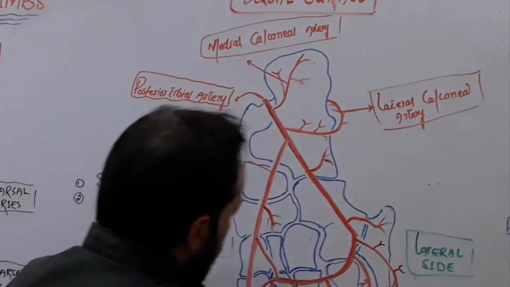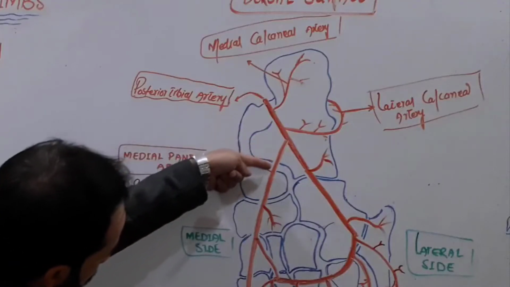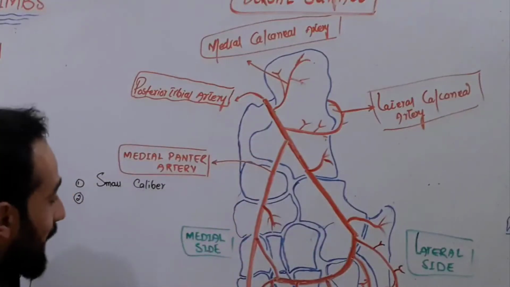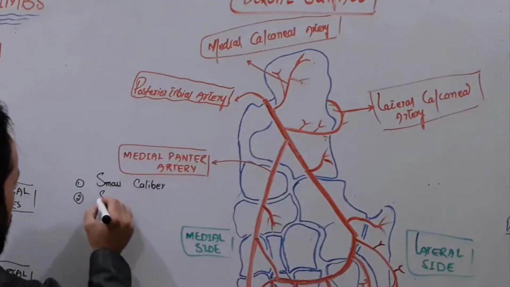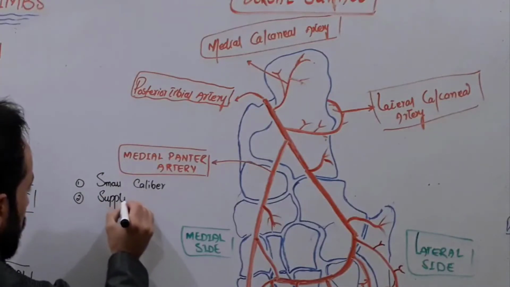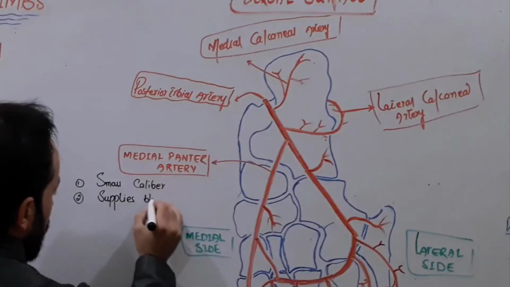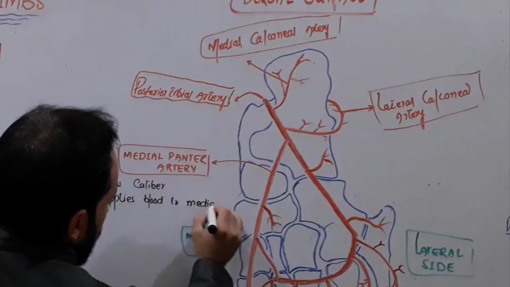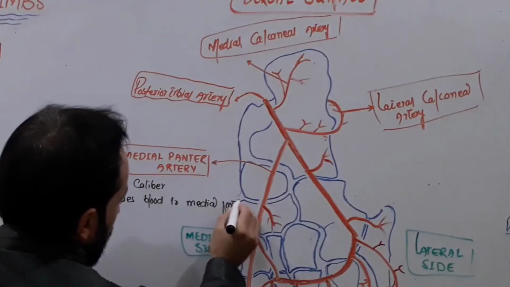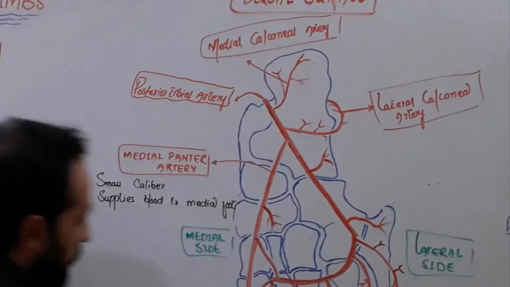The next important thing about this artery is that it is responsible for supplying blood to the medial side of the foot, right? So this artery supplies blood to the medial foot. Done. Medial foot, we know.